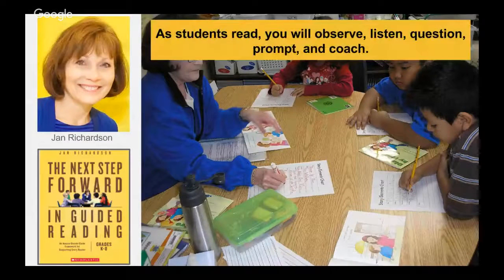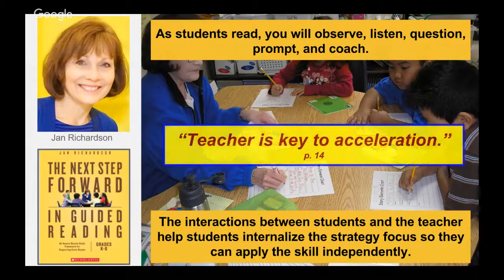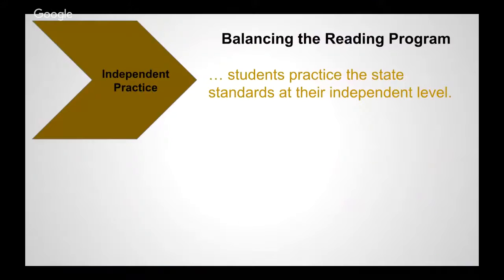So in our guided reading, the kids are reading, and the teacher observes, listens, questions, prompts, and coaches. And as they interact, kids will learn to apply these skills independently. But Jan gives us tons of support. She tells us what to do, what to say.